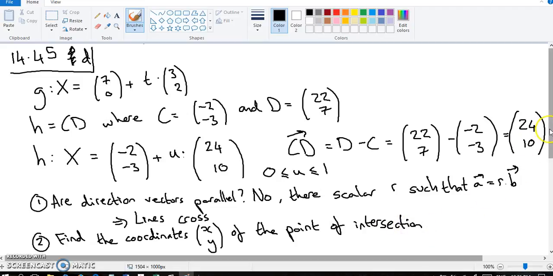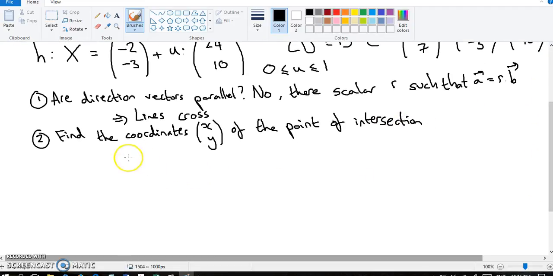So the point of intersection is when x_G is equal to x_H and y_G is equal to y_H.